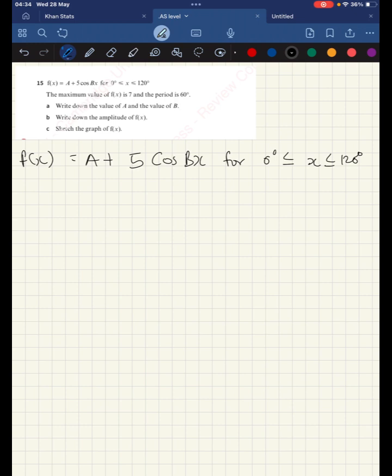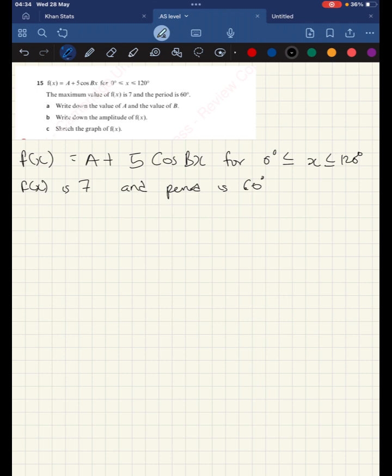120 degrees, right? And the period, so now we know that the maximum value of f(x) is 7, and the period is 60 degrees. Okay, great.